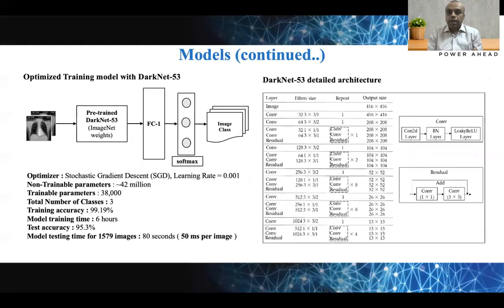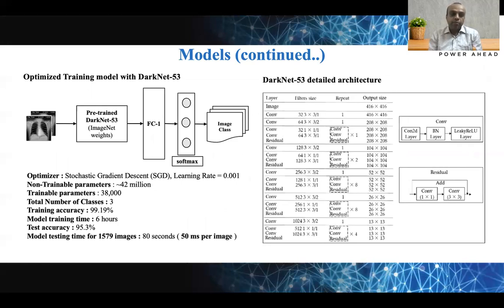Moving on, once we found that DarkNet 53 is able to give relatively better accuracy than other models, we did a number of tests or hyperparameter tuning and arrived at the best configuration that gave us the best results. This is depicted on the left-hand side.